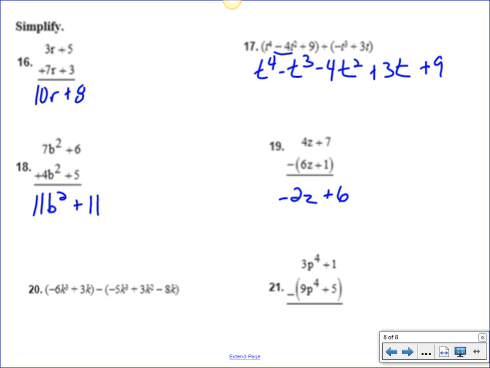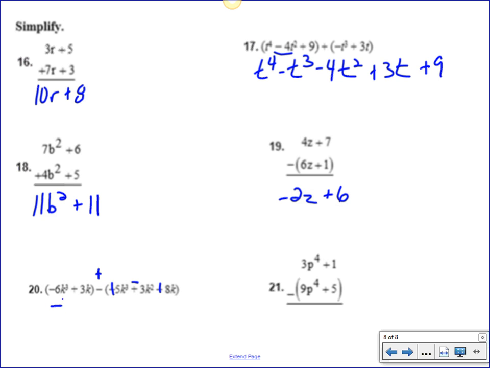The next one, if we take a look here, we're minusing. So one thing I like to do when it's minusing, I like to rewrite it as addition. So I'm thinking of it as adding, and then I'm just going to change the signs on all these. This becomes a negative, this becomes a positive. Okay, so now I have k to the third. So how many do I have?